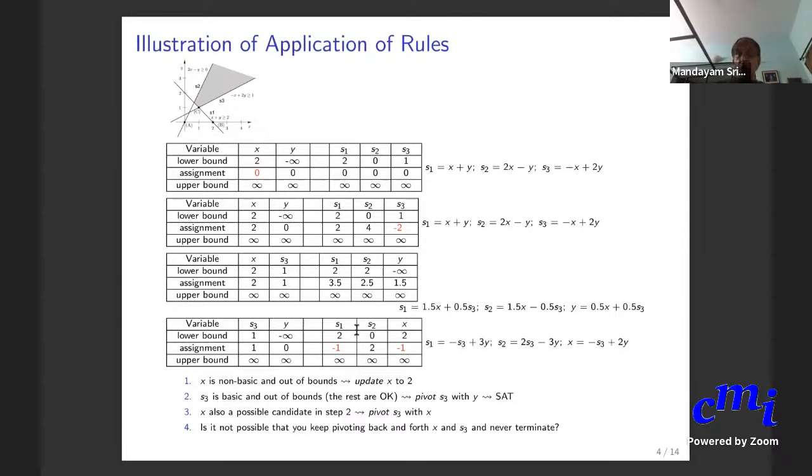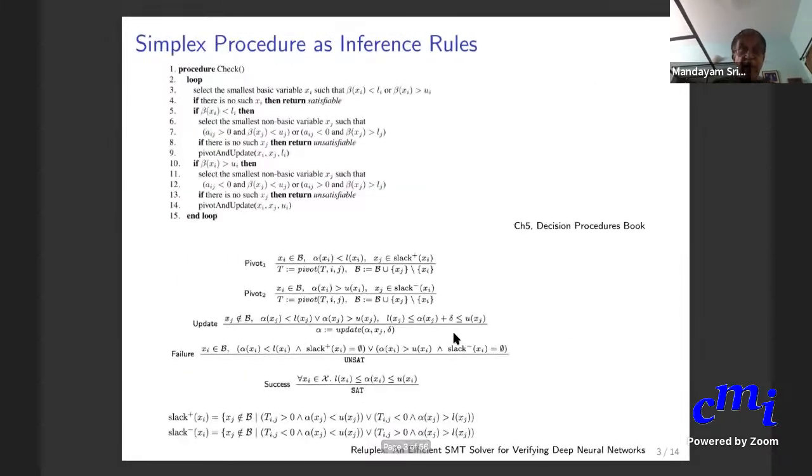If you look at the condition in which this rule is applied, you pivot only if the non-basic slack variable is strictly less than its upper bound or greater than its lower bound.